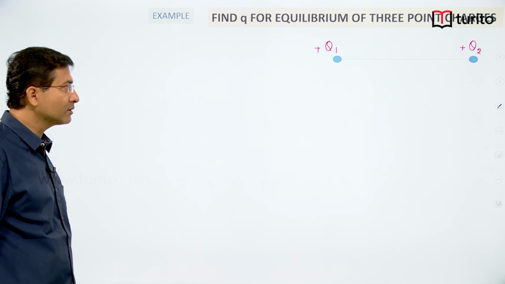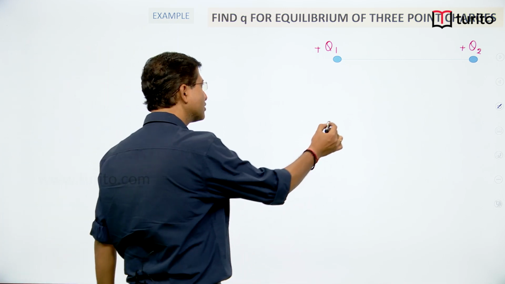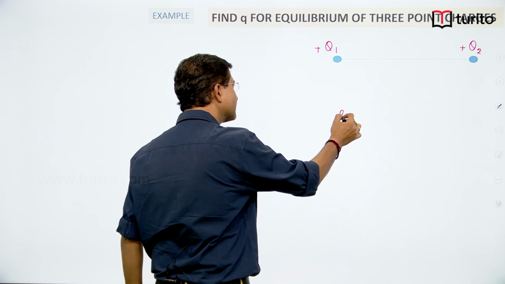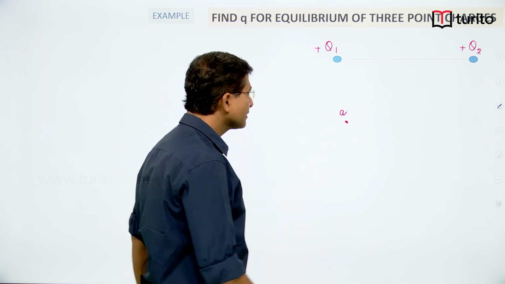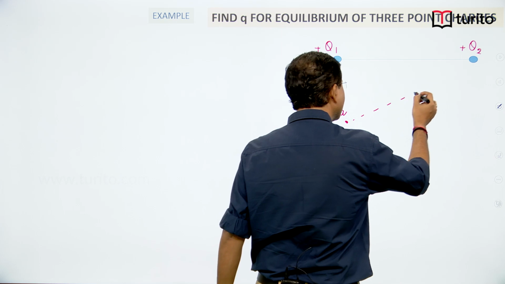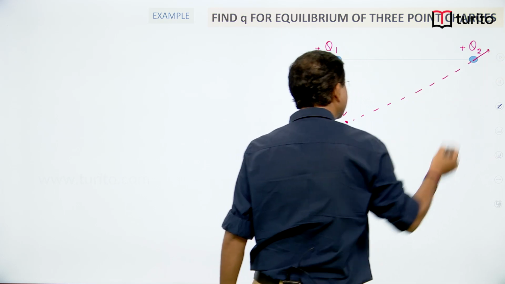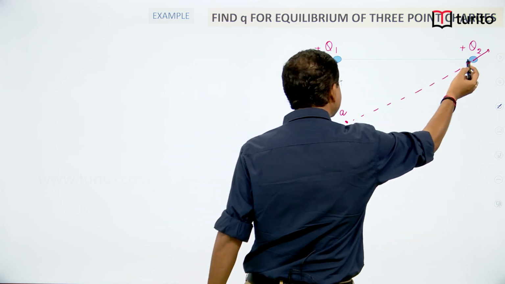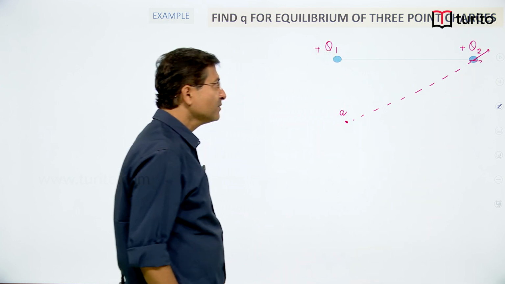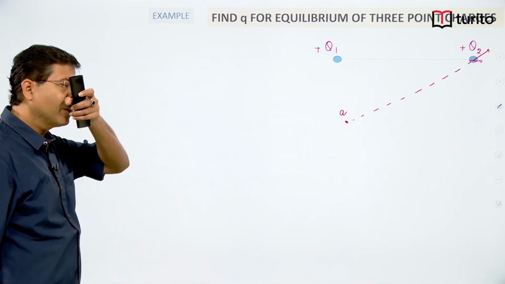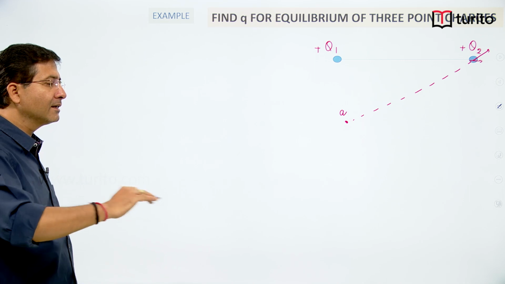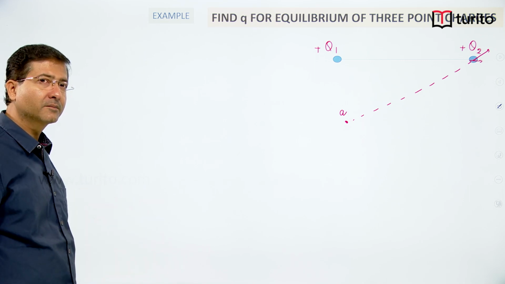So one thing is sure, that if I place a charge somewhere here, then this will be exerting force on this one along the line joining, and this one will be exerting force on this one along the line joining. These two forces cannot balance each other unless they act on the same line.